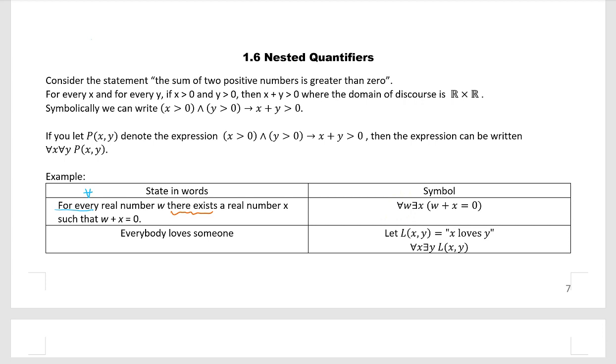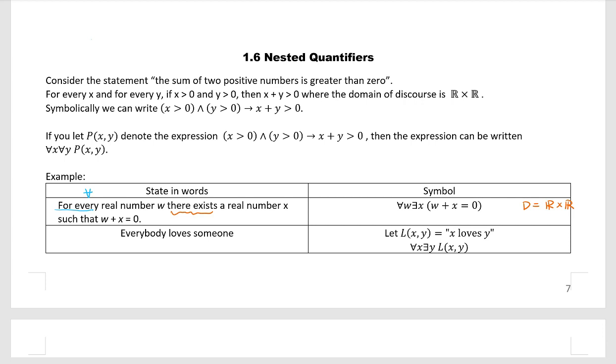There exists a real number x such that w plus x equals 0. And because w and x are real numbers, we know the domain is the Cartesian product of the real numbers.